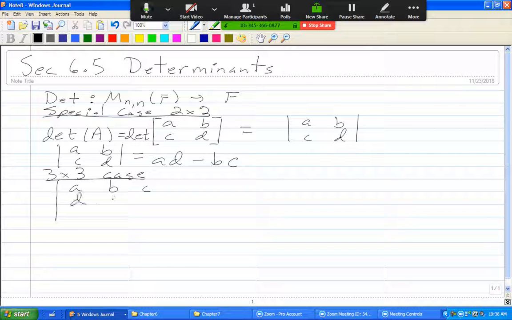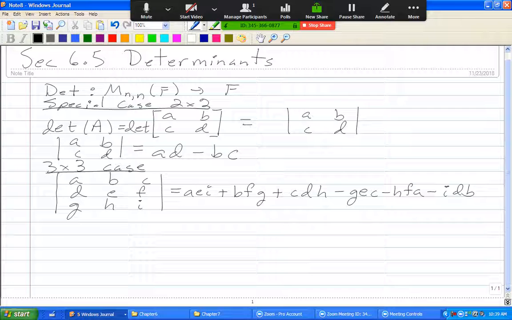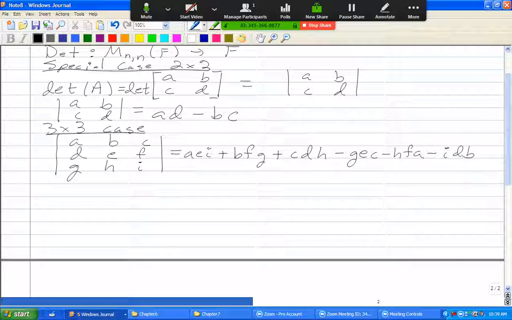A, B, C, D, E, F, G, H, I. It will equal A, E, I plus B, F, G plus C, D, H minus G, E, C minus H, F, A minus I, D, B.